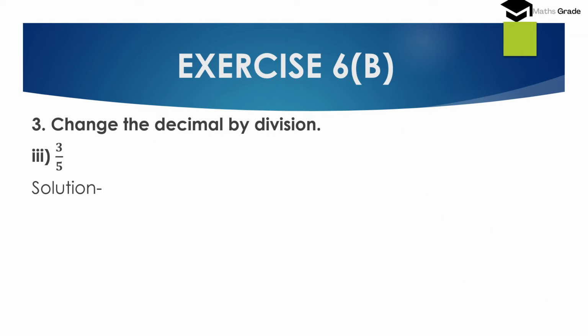Now third bit, 3 divided by 5. We have to convert this fraction 3 divided by 5 to decimal by using division method. So we can write 3 as 3.0. Now divide 3 by 5. We cannot divide 3 by 5, so 5 multiplied with 0 is 0.